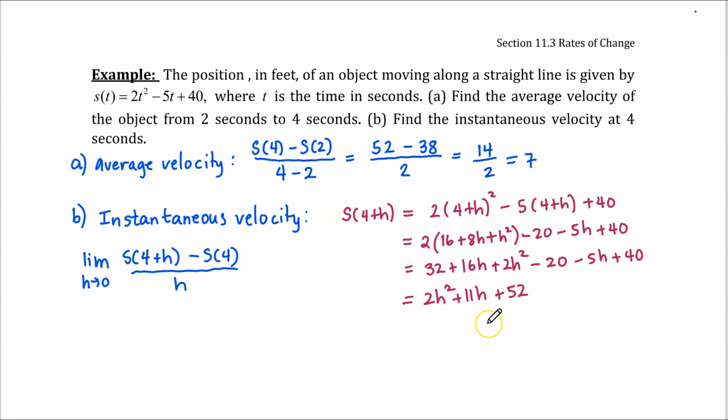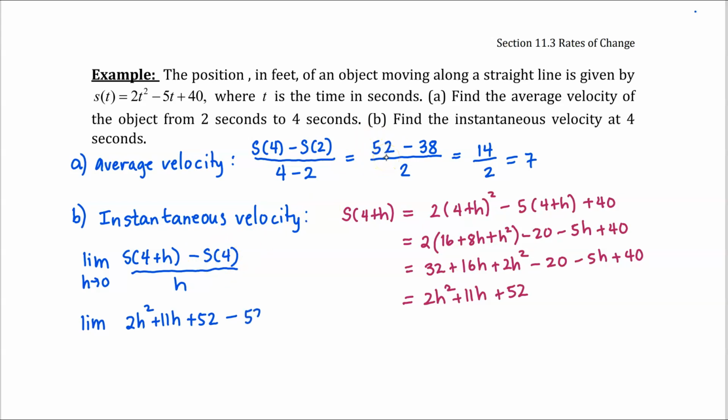Then next, we plug in our result. So let's now evaluate the limit. We replace this expression by this. We have 2h squared plus 11h plus 52 minus, now s of 4, we have previously calculated to be 52.